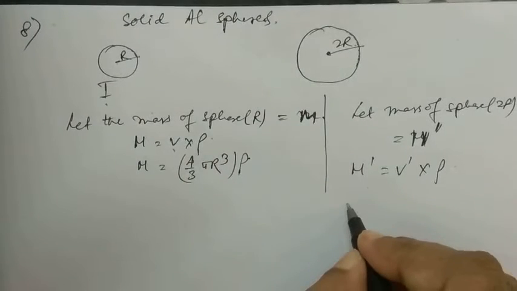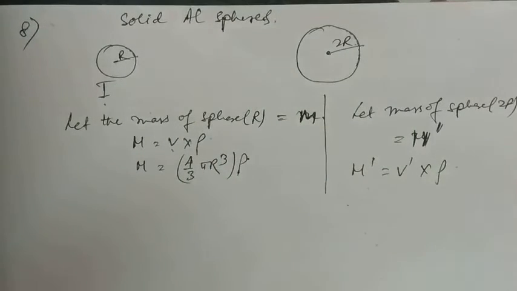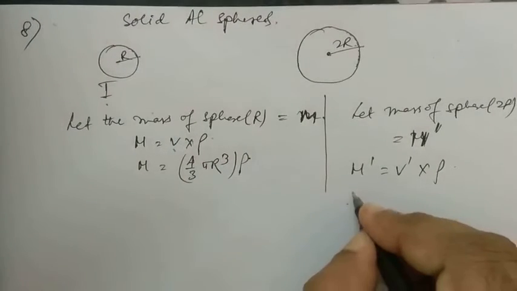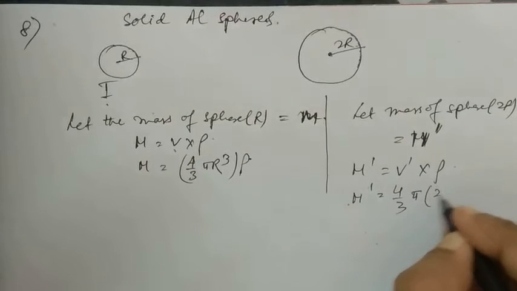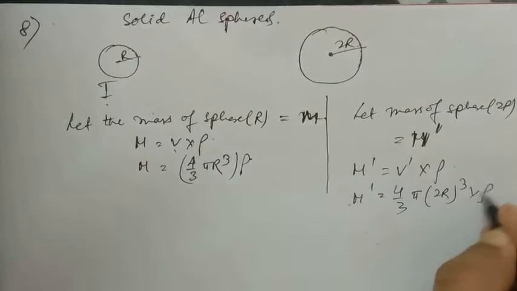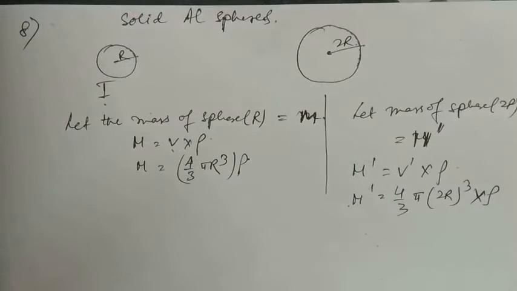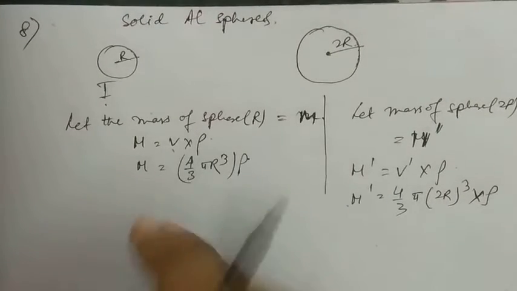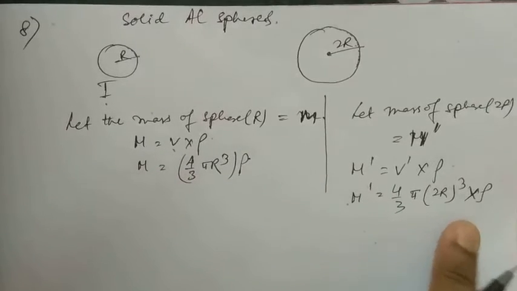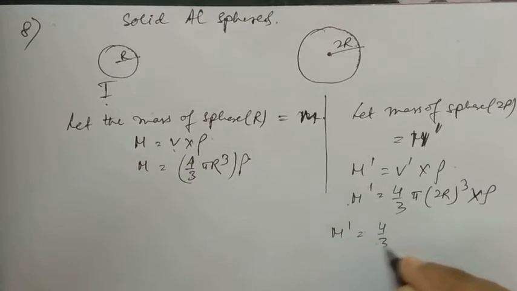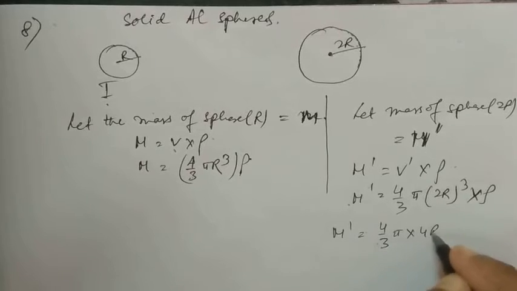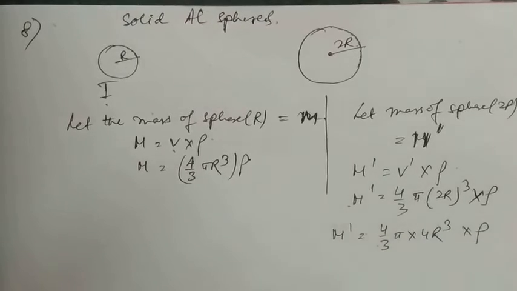Now how to find m dash? So m dash is equal to 4/3 pi (2r) cube into rho. Or rather you can do it in this fashion also: m dash is equal to 4/3 pi into 8r cube rho.